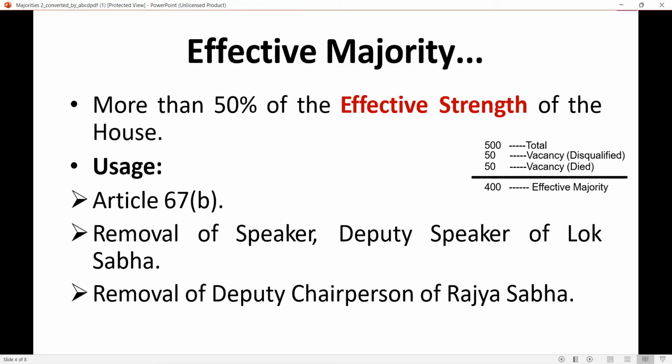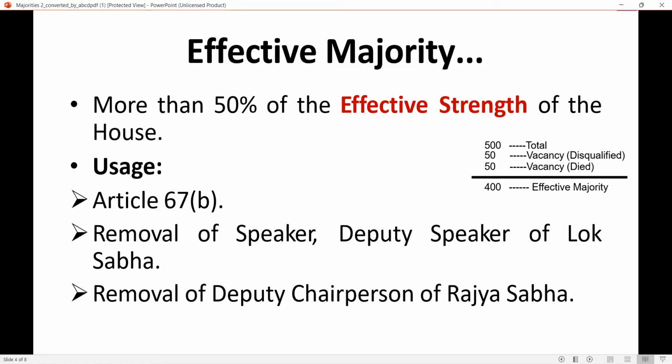Suppose the total number of MPs in the house is 500, and 50 is the vacancy due to disqualification of certain members, and 50 is the vacancy due to death of certain members, so 400 is the effective strength.